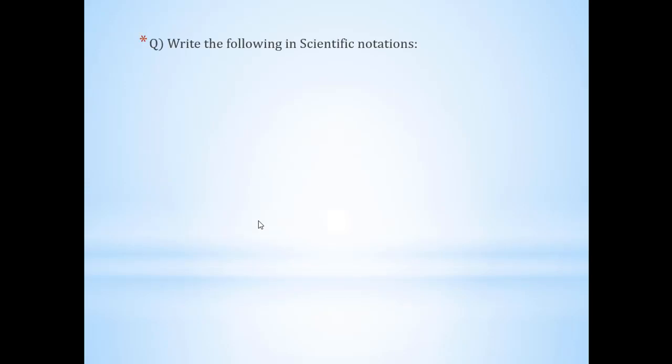Write the following in scientific notation. Now we have given the values in ordinary form and we are asked to convert them to scientific notation. First of all, you need to learn one thing: whenever you are asked to convert an ordinary value to scientific notation, the point should always be placed after the first digit.